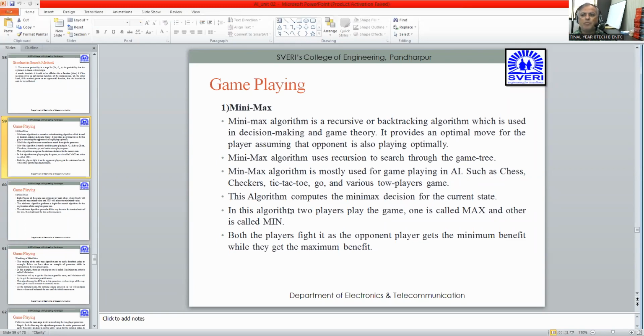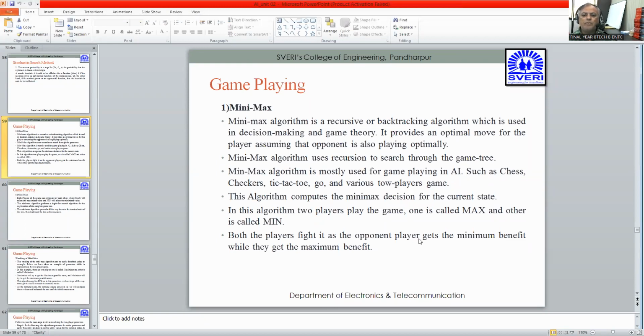This is how the game goes on. It is mostly used for game playing in AI, in games like chess, checkers, tic-tac-toe, and various two-player games. Wherever there are two-player games, we use this minimax algorithm.